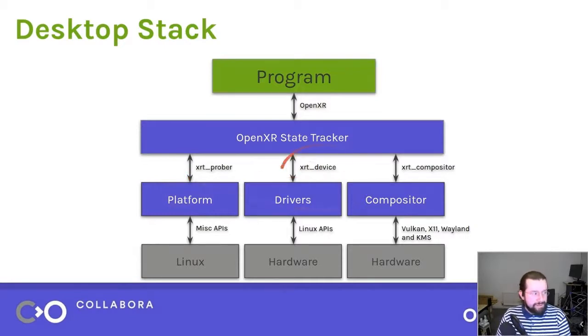You have your XRT device, which is a device that the drivers implement. You have the XRT compositor, which implements the compositors and talks to both hardware via Vulkan and OpenGL, and also the underlying system. So it talks to X or Wayland in order to get access to the display system.